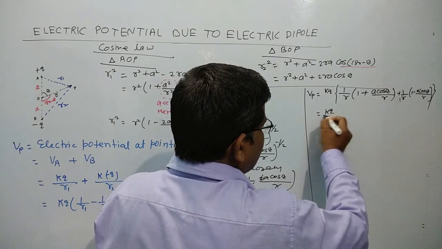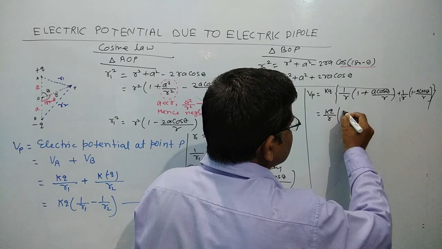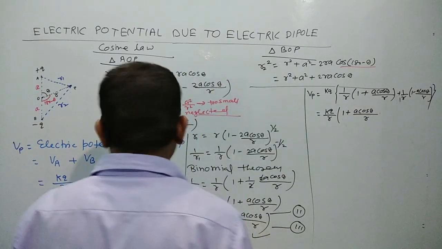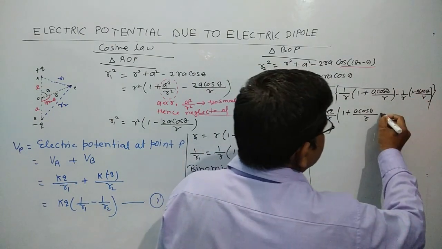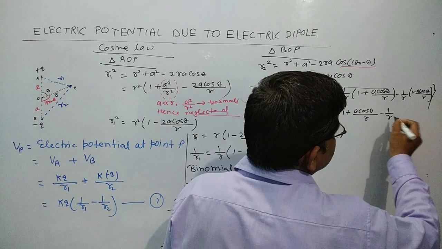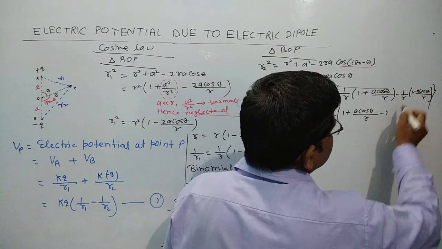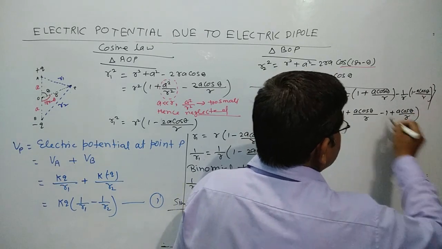KQ by R is common, so it becomes (1 plus A cos theta by R) minus (1 minus A cos theta by R).